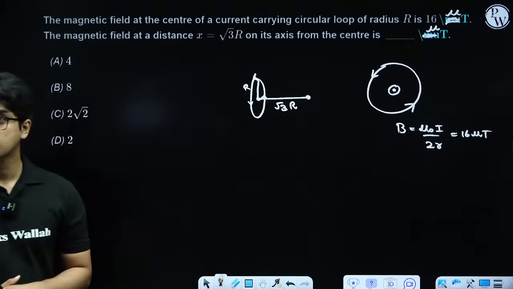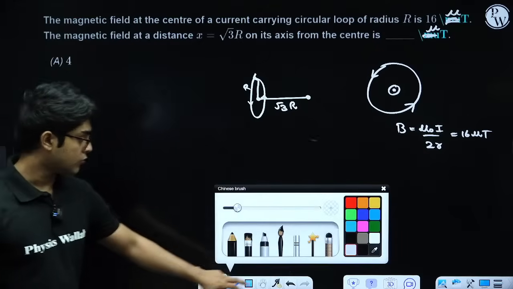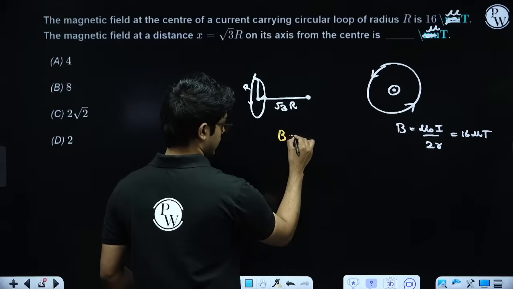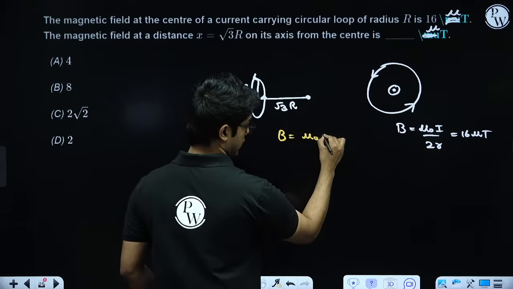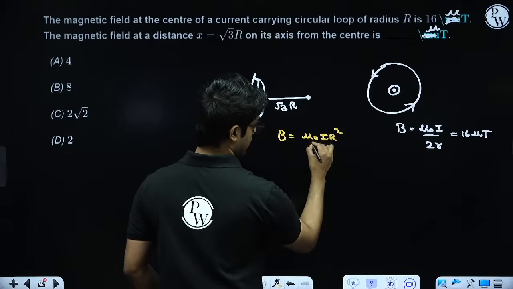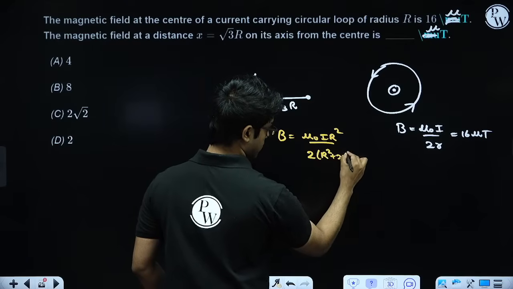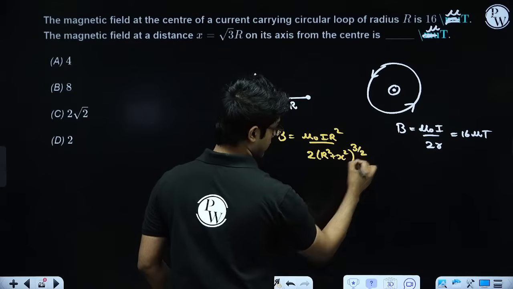So this formula we cover in classroom. The formula for that field is mu naught I R square upon twice of (R square plus X square) raised to the power 3/2.